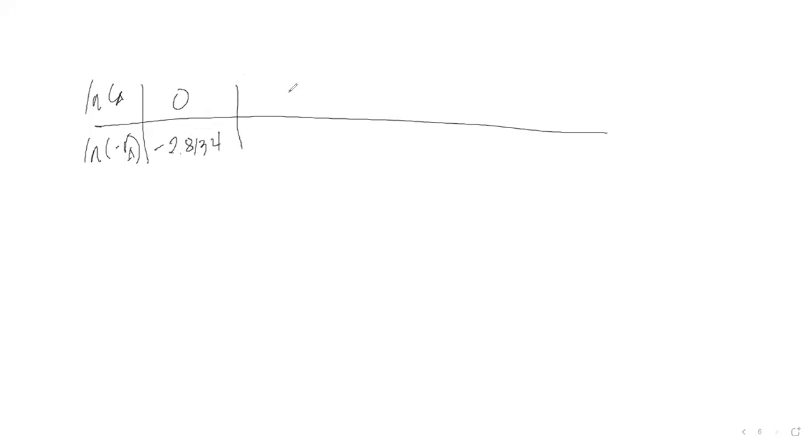Then next would be the ln of 2, 0.6931. Then we have here ln of 0.1, negative 2.30. Thank you. Then we have ln of 4.